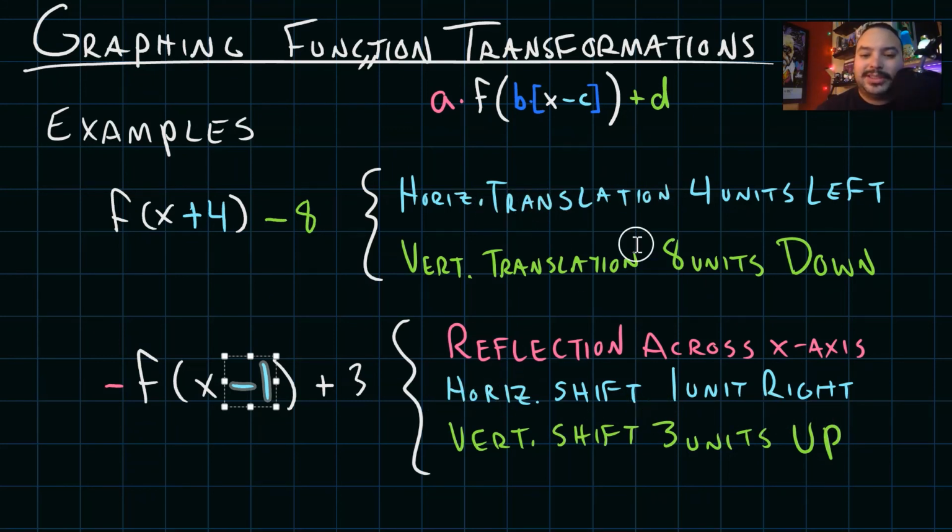Notice how I wrote translation here, shift here, they mean the same thing. So I'm just trying to give you guys lots of vocabulary perspectives. Finally, we have this +3 here. That is going to be our vertical shift 3 units up. Since -8 on the outside of our function was a shift down, +3 will be shift up by 3.